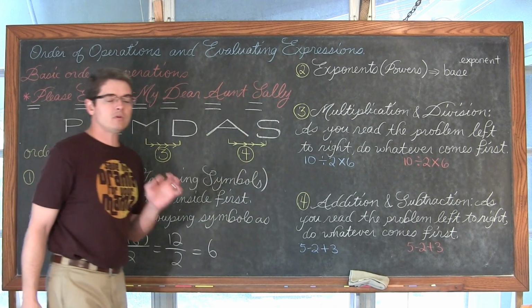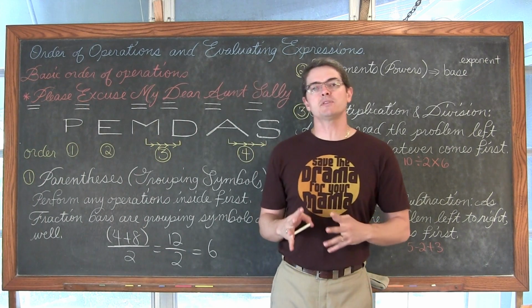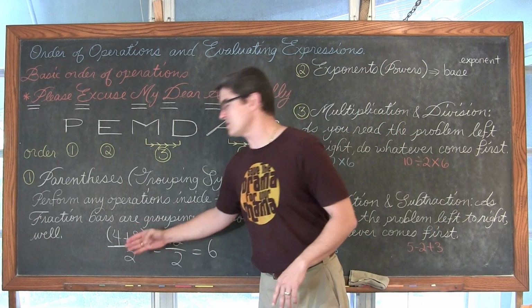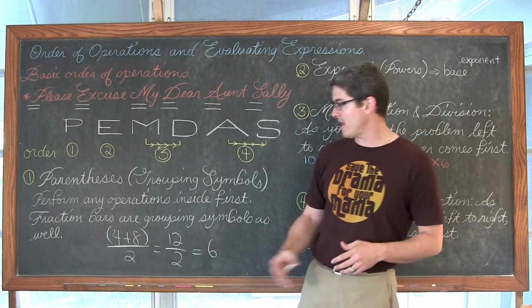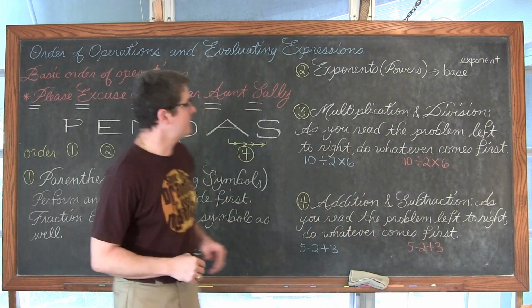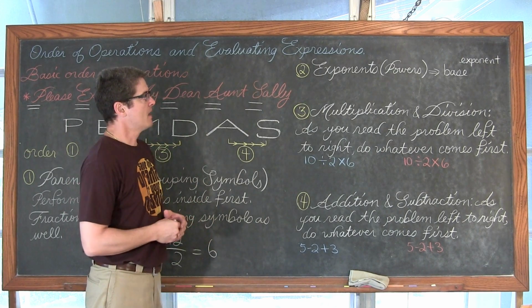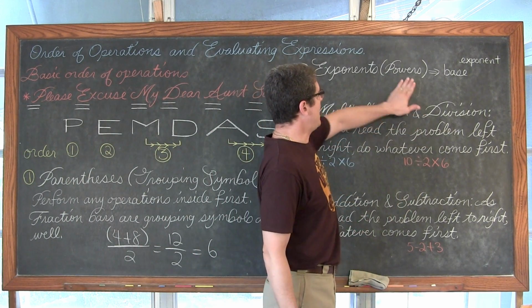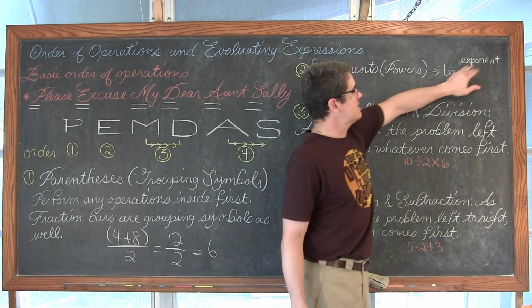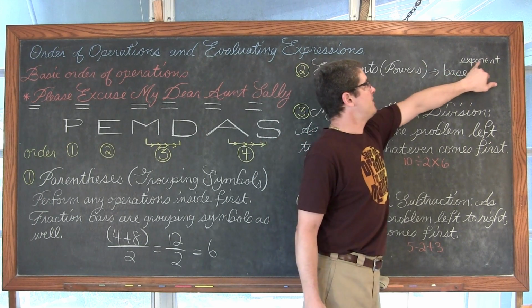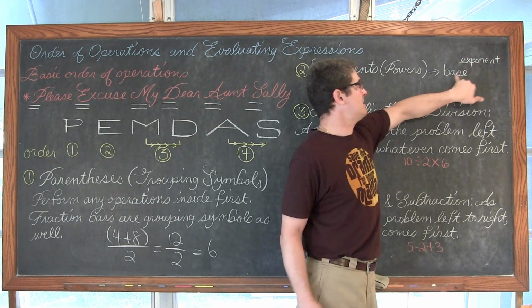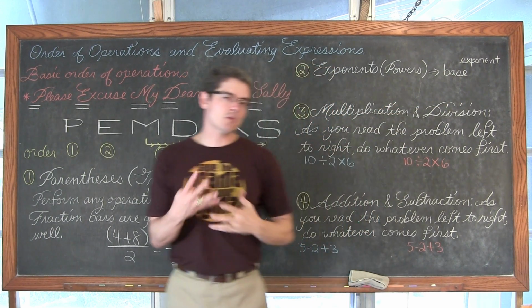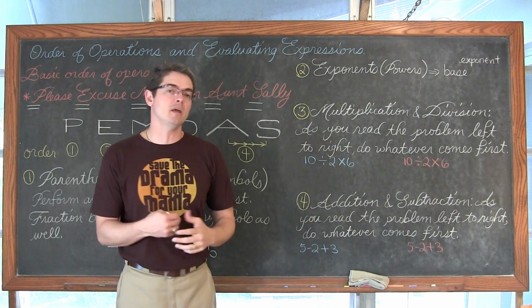Okay, then after you clean up the inside of your parentheses or your grouping symbols, or working with maybe the numerator and denominator of your fraction, if you have a large fraction with a lot of operations in it, then you move on to exponents or powers. And that whole thing together, a power is a base and an exponent. Now, of course, the exponent will simply tell us how many times we write that base, and exponents are sort of a shorthand notation for repeated multiplication.